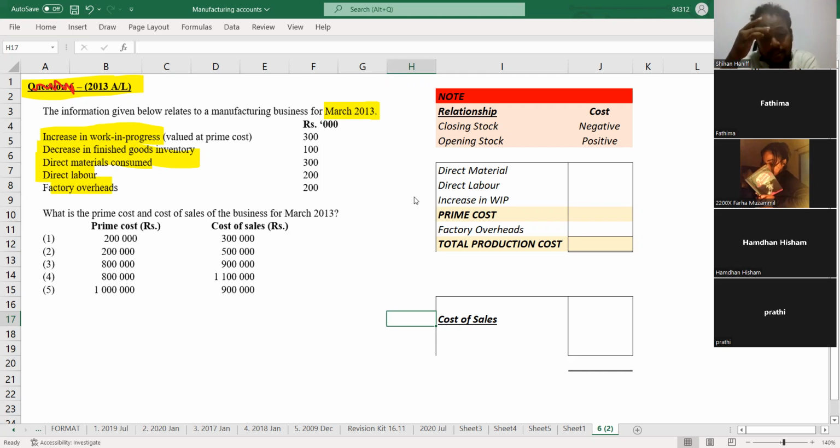Okay, I'll give a few minutes for you all to do this. Tell me the answer. Prime cost and cost of sales.